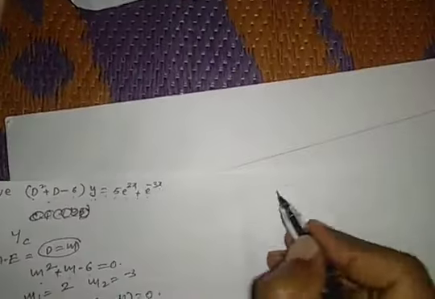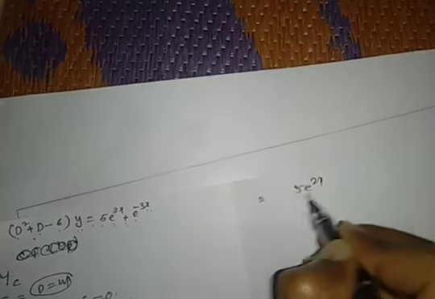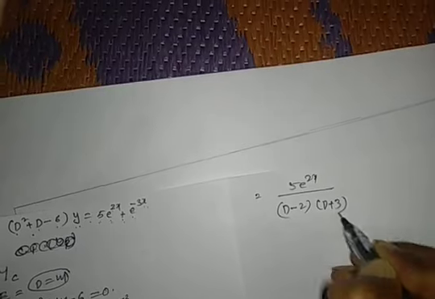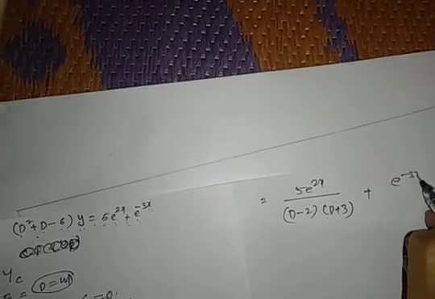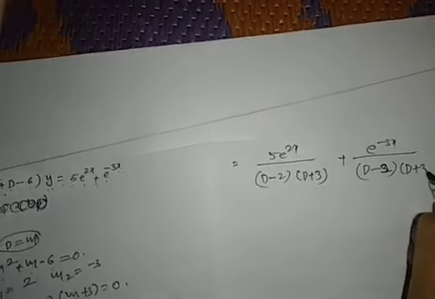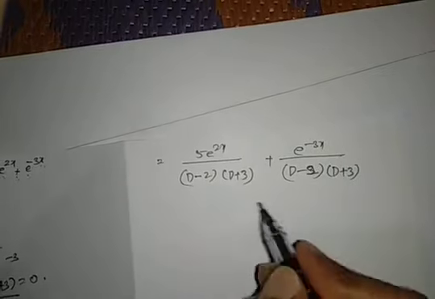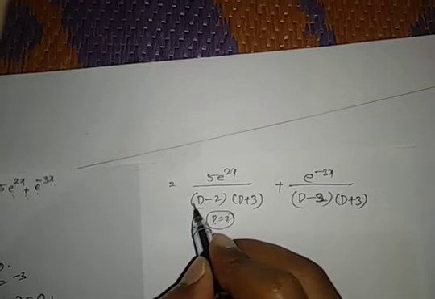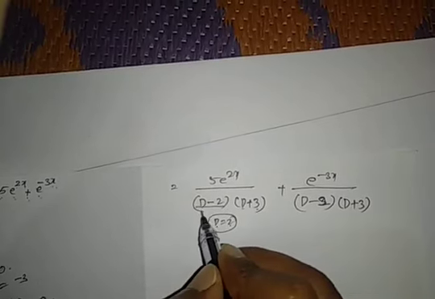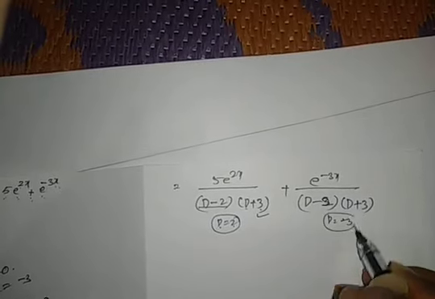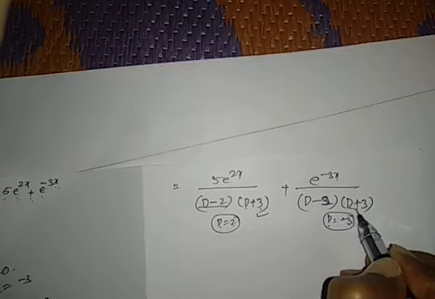That is equal to 5 e to the power of 2x by (D minus 2)(D plus 3) plus e to the power of minus 3x by (D minus 2)(D plus 3). If we substitute D is equal to 2 in D minus 2, again it is 0, so just substitute in D plus 3 only. And here D is equal to minus 3. If we substitute D is equal to minus 3 in D plus 3, it is 0.